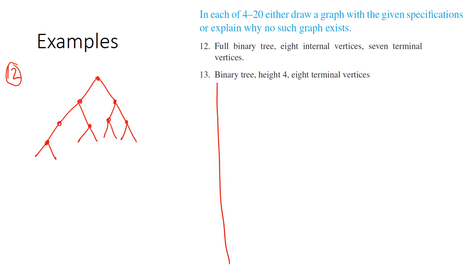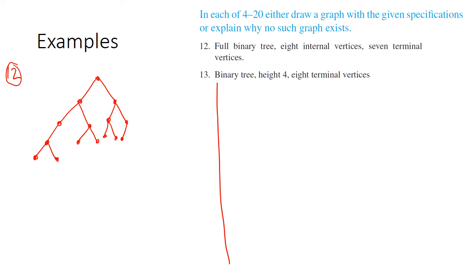Okay, I think I've maybe done it. Let me try to count. Oh, no, not quite. I'm going to have to erase that one. Okay, so here I have 1, 2, 3, 4, 5, 6, 7, 8 internal vertices, and then 1, 2, 3, 4, 5, 6, 7 terminal vertices. So yeah, okay, I think I did it. That was a little bit tricky, but okay.